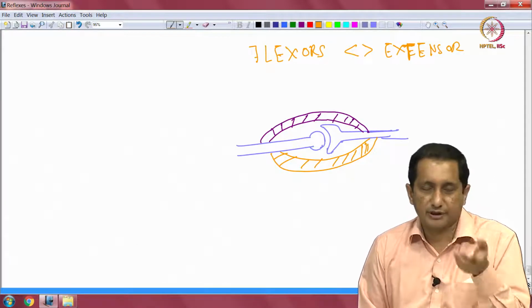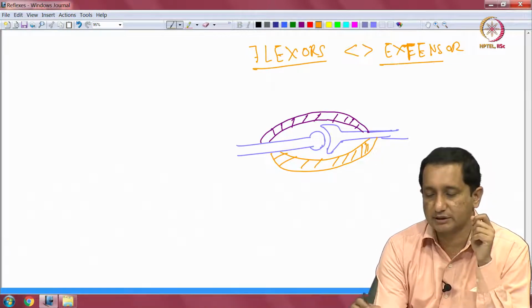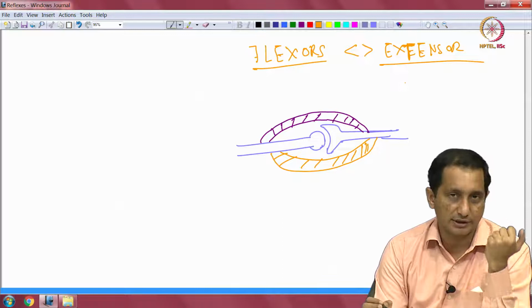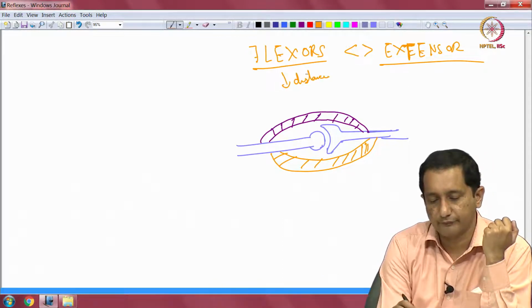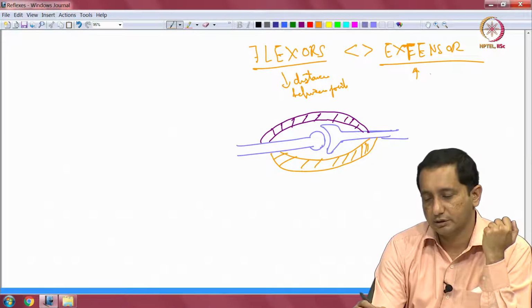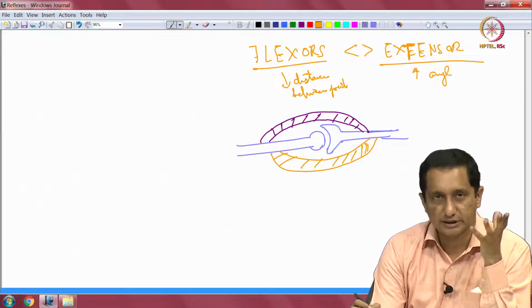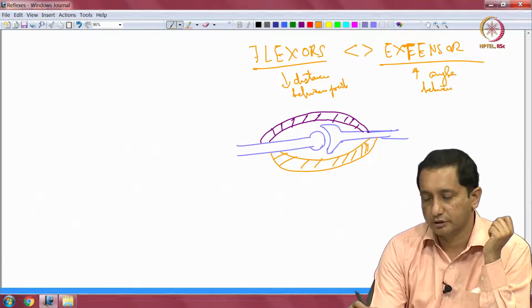Many of the joints within the human body are not symmetrical. So, there is this idea of flexors and extensors. Flexors are something which reduce the distance between joints and increase angle, actually there is no distance as such, it is the angle between joints.